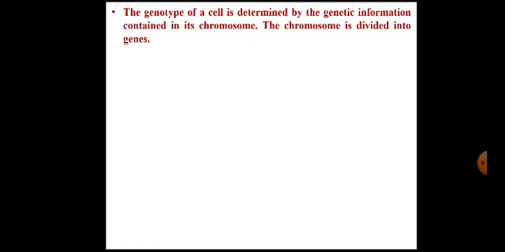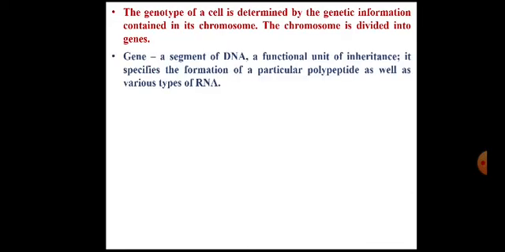That means in bacteria there is a single chromosome, which you need to remember, and this chromosome consists of several genes. We need to understand the meaning of a gene. A gene is a segment of DNA. It is a functional unit of inheritance.